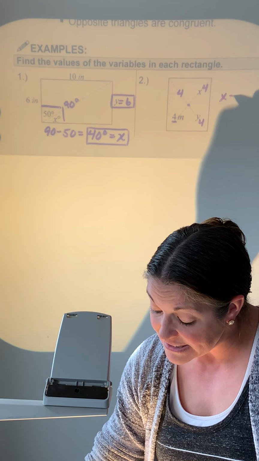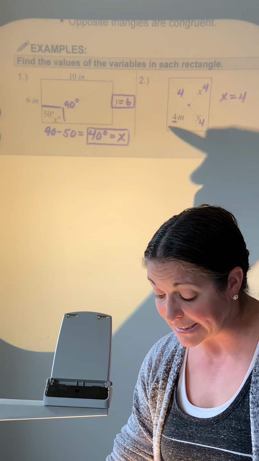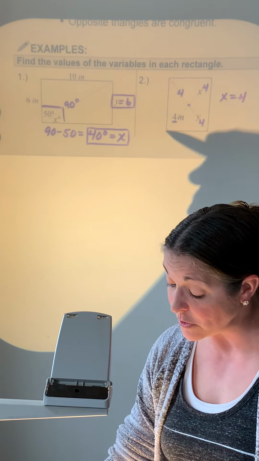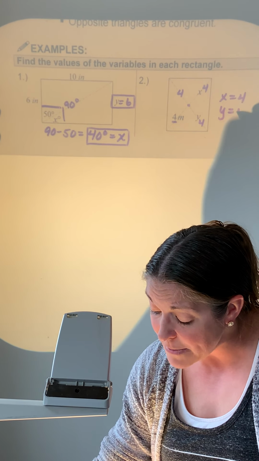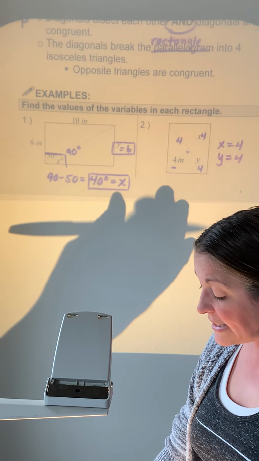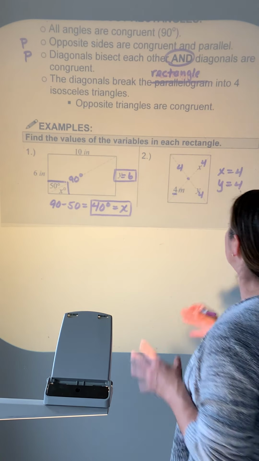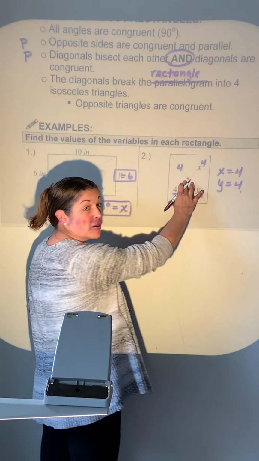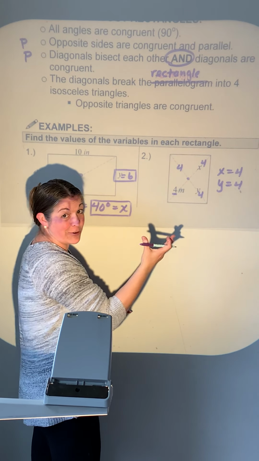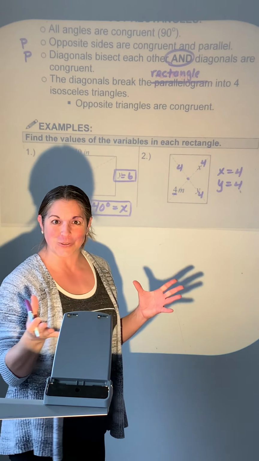So not only is x equal to 4 because he's part of that same diagonal, but we also have y being equal to 4 because in a rectangle, all the diagonals will be congruent. So again, you're given one little part, you can fill that part in for everybody. And that's what makes the rectangles cool.